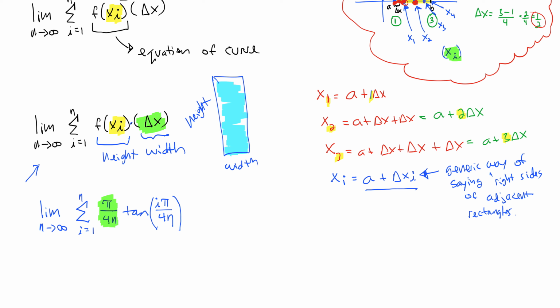And you're also going to find a delta x inside your function. In this case, we can easily see it. Pi for n.